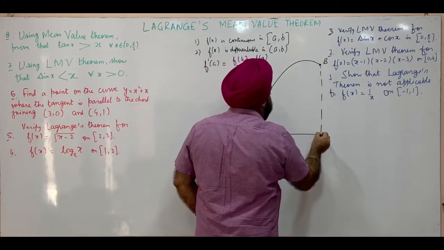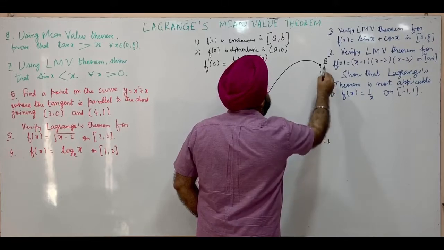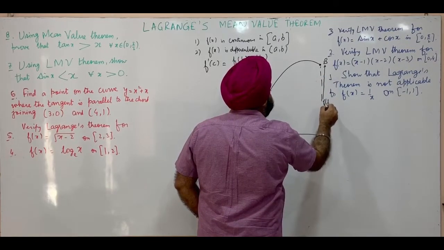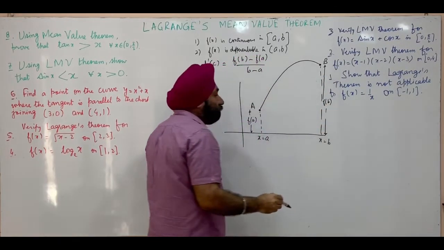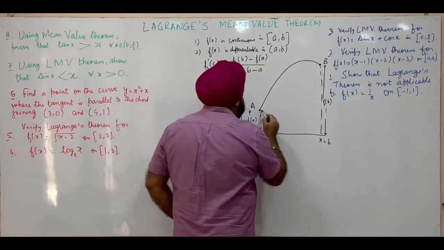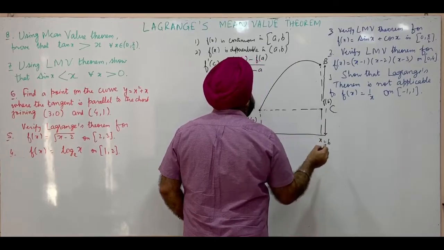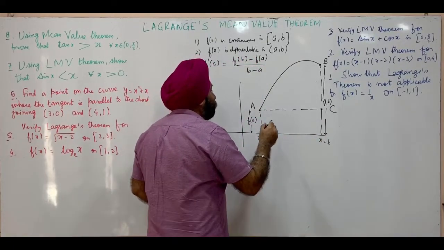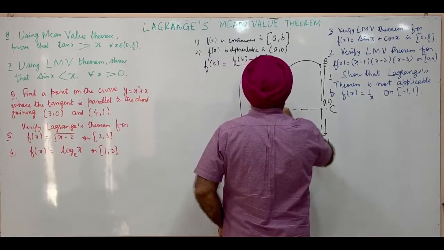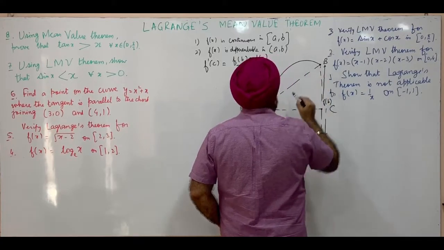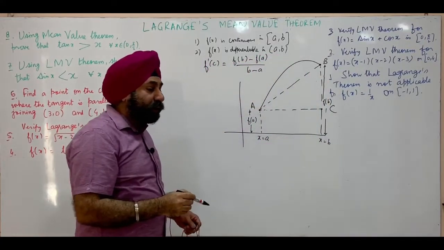Similarly, this is x is equal to b and this is f of b. Let's drop a line parallel to the x-axis. This is AC. This is the line joining the endpoints of the curve, A, B.